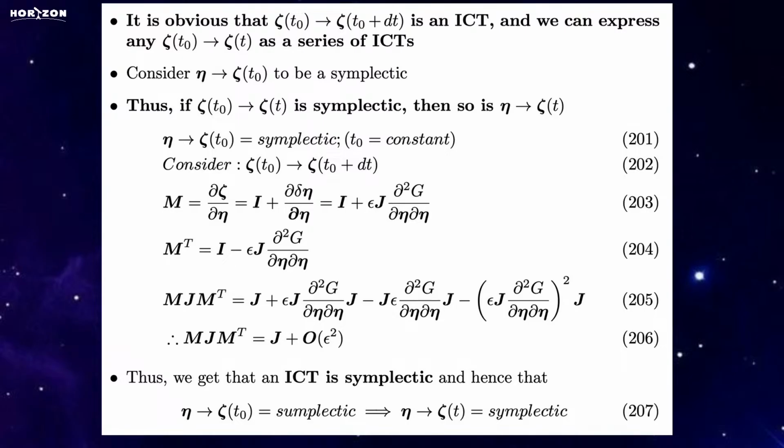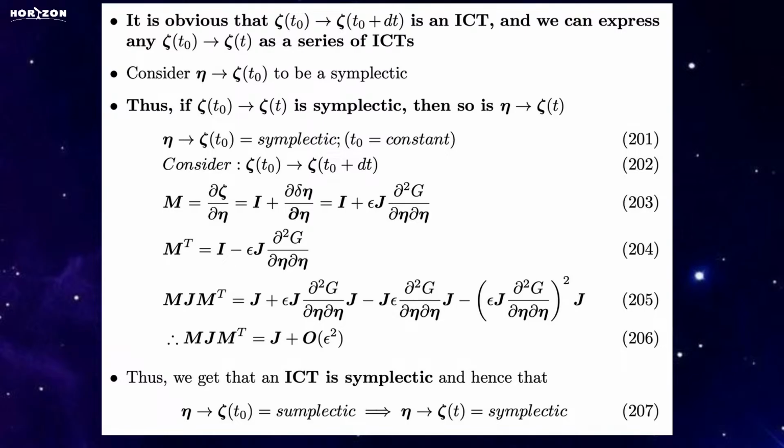If ζ(t0) to ζ(t0 + δt) is a symplectic transformation, then by the transitive property that we have discussed before, we can compose a series of ICTs from ζ(t0) to ζ(t). And when this is composed again with η to ζ(t0), we get that η to ζ(t), which is not a restricted canonical transformation, is also symplectic.